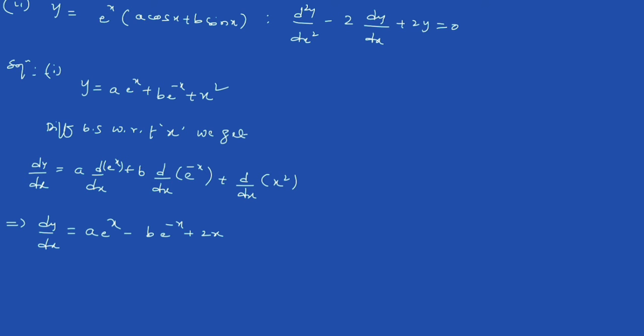So now again differentiating on both sides, because it is a second order derivative corresponding differential equation, so we have to differentiate 2 times. So again differentiating with respect to x on both sides.